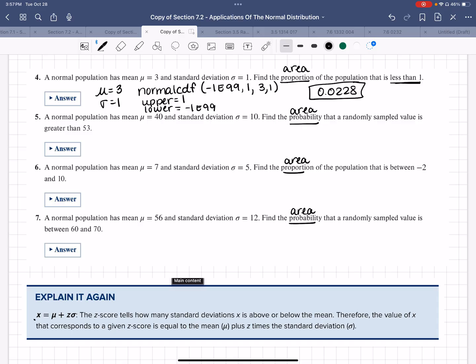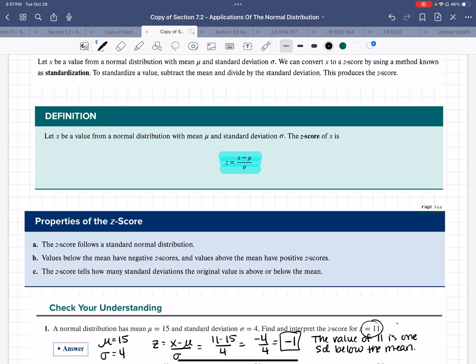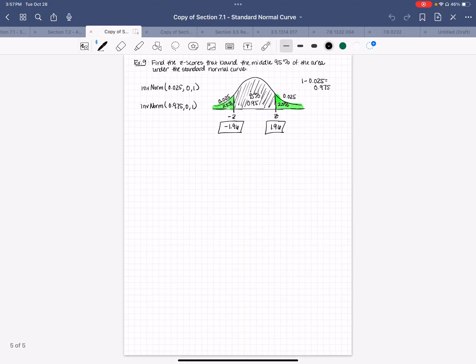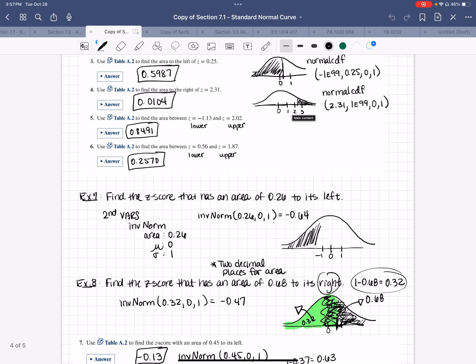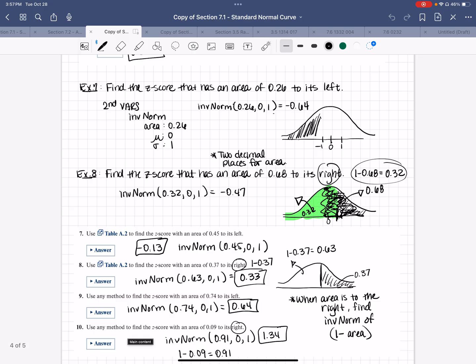Because remember, guys, when we drew that curve back over in 7-1, let me see if that one is still here. Okay, so this was giving me the proportion or the percent, but that was also giving me the area. Remember, 0.68, 0.32. We had things like that.